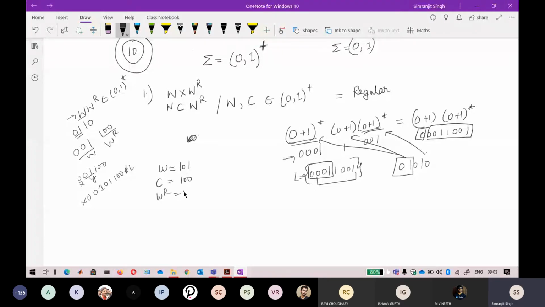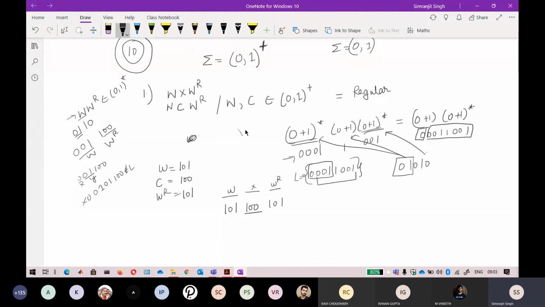The reverse of 101 is again 101. So if I write it like this, 101, 100, and 101, now you know that this is a W, this is your C, and this is your WR.